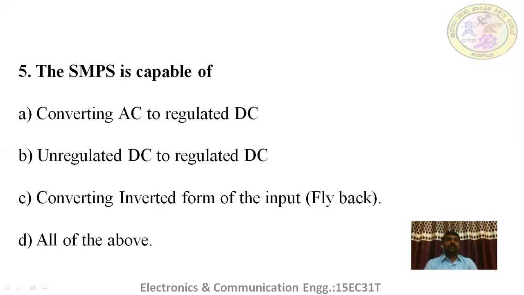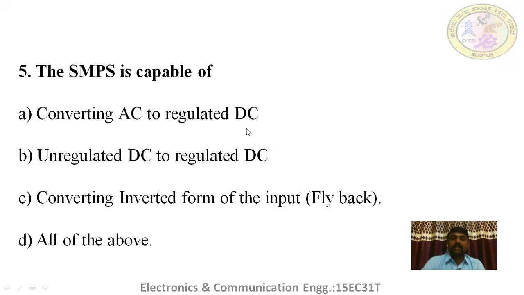And the last one: the SMPS is capable of converting AC to regulated DC, converting unregulated DC to regulated DC, or converting the inverted form of the input, that is flyback.